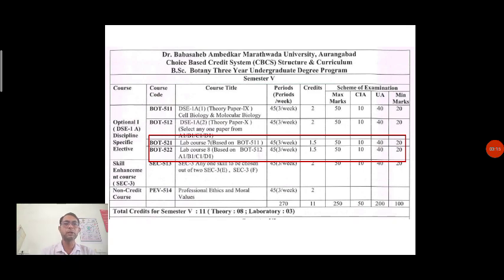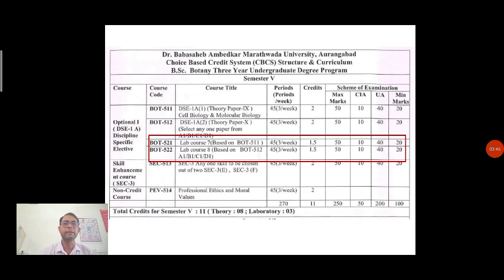Now this is not the only case. Along with this you can see a skill enhancement course is also there. The skill enhancement course includes any of the list given below, so you can select any one from the list of that particular subject. Especially in this year you have to select one out of 2 skill enhancement subjects. Then another is the non-credit course.